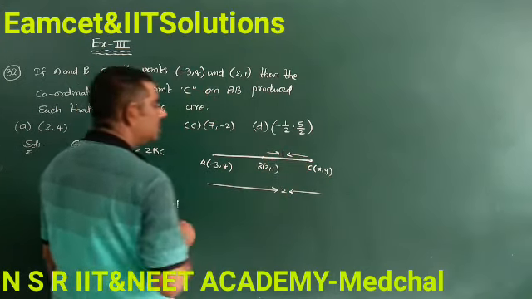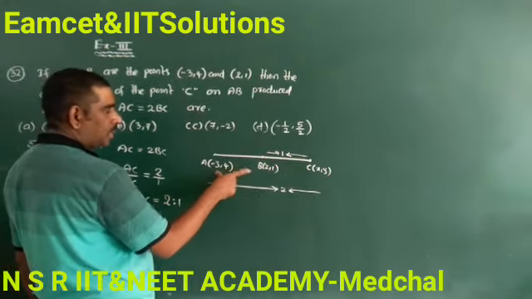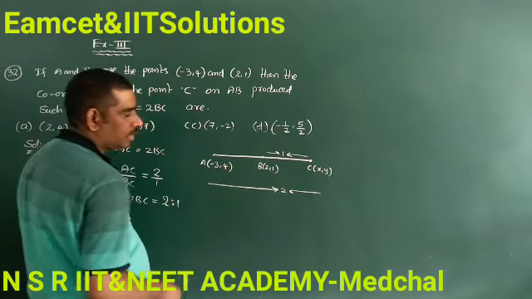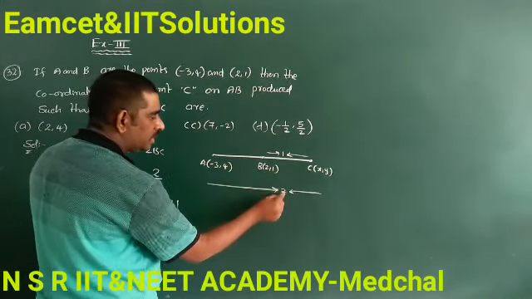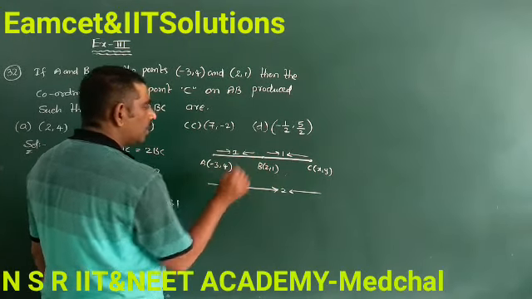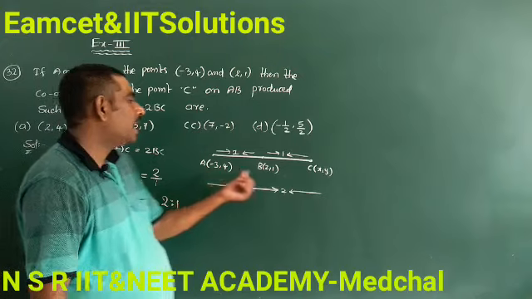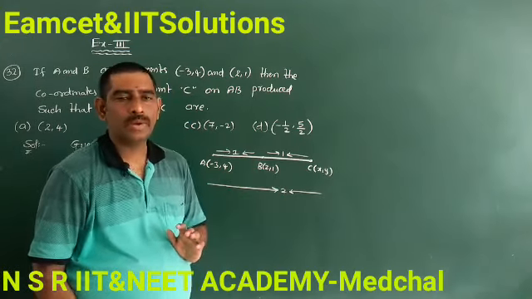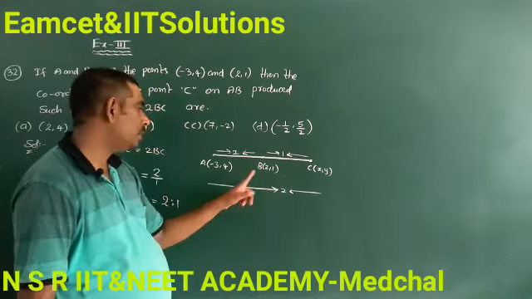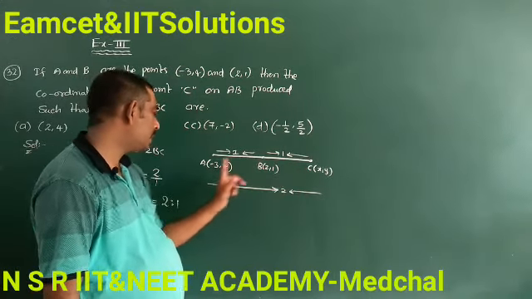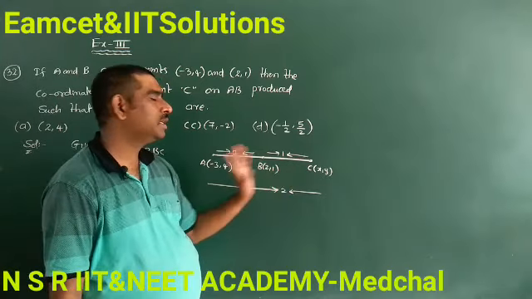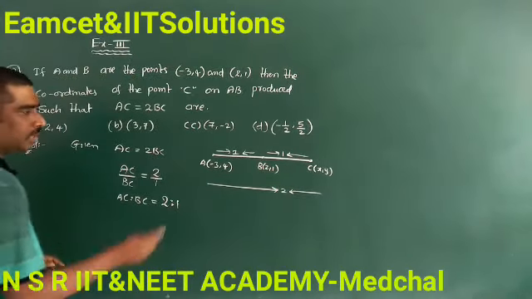Now what is the distance between AB? AC distance is 2 and BC distance is 1, so 2 minus 1, we get 1. AB distance is also 1. So B is the midpoint of AC. Why? Because the distance from A to B is 1 and the distance between B and C is also 1. So AB is equal to BC.